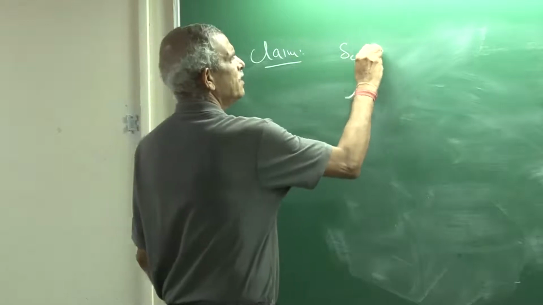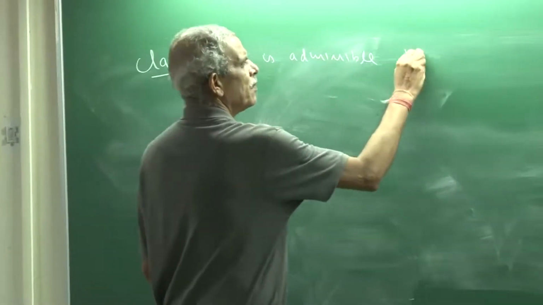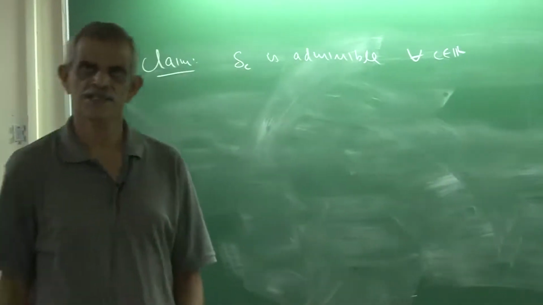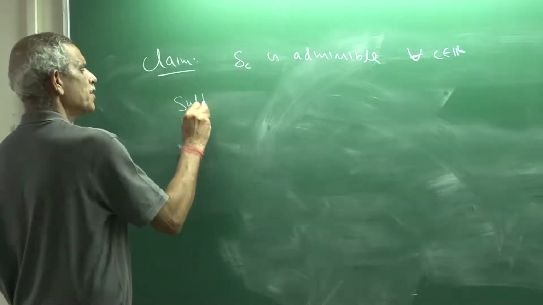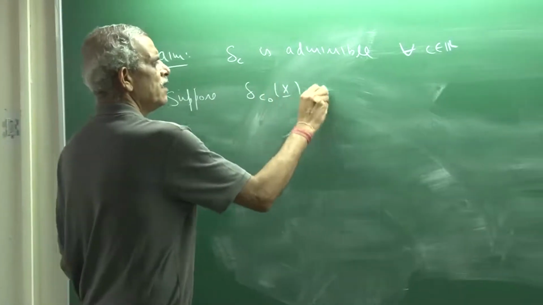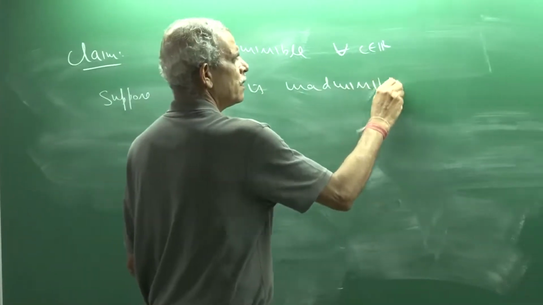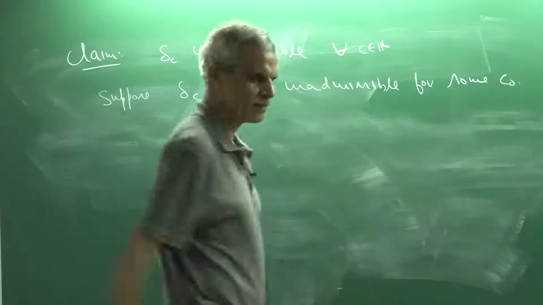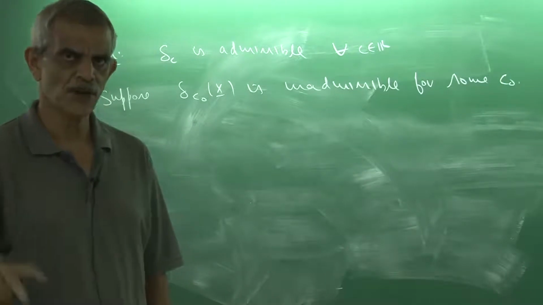So let's look at why delta_c is admissible. Any estimator delta_c is admissible. Suppose delta_c0 is inadmissible for some c0. Inadmissible, what does that mean? That there exists an estimator which dominates this.